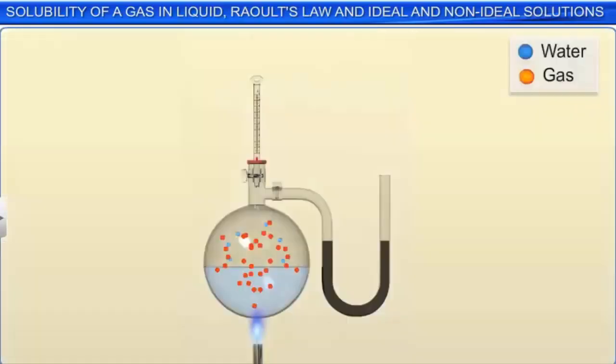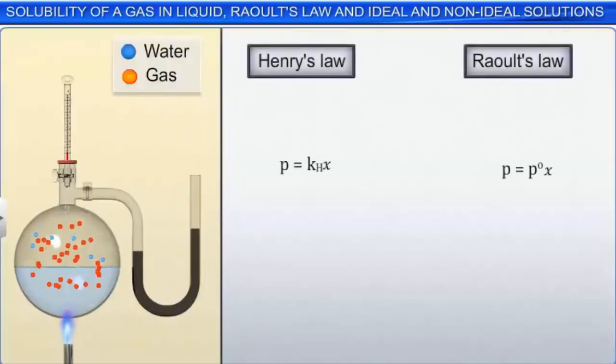Now, if one of the components in the binary solution is considered to be highly volatile, such that it exists as a gas, then, as you know, its solubility is given by Henry's law, P equals kH x.